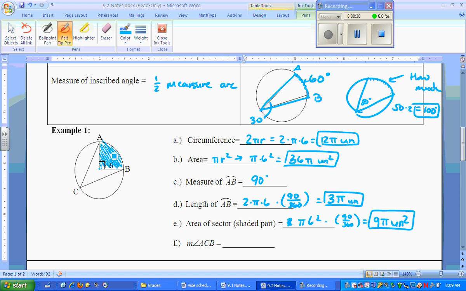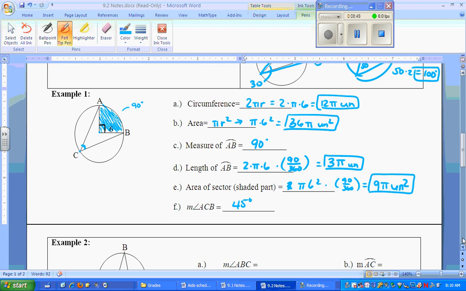And then last but not least, we want the measure of ACB. Well, what kind of angle is ACB? It's an inscribed angle because it's on the circle, touching the circle, going across from it. So the measure of the arc here is 90 degrees. So the measure of that angle is half of it, so it ends up being 45 degrees. Please make sure you put the degree symbol there.